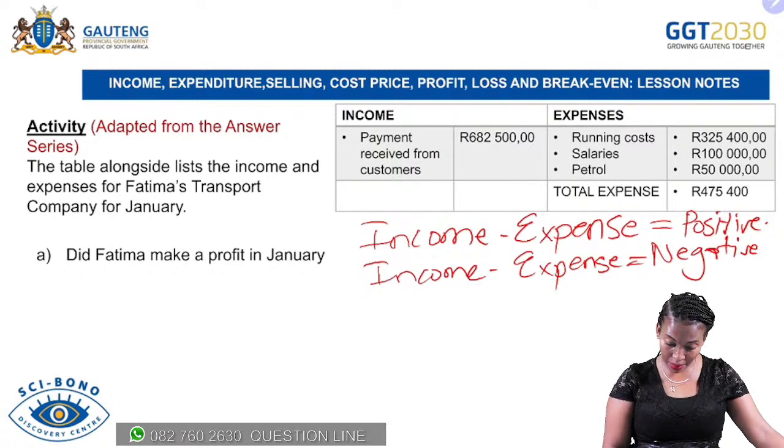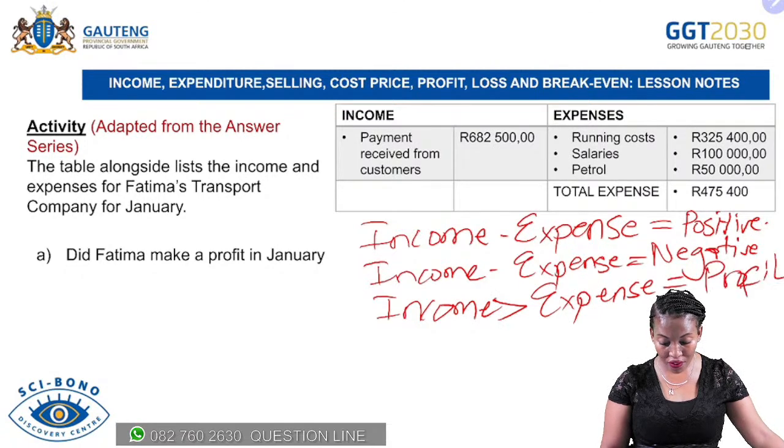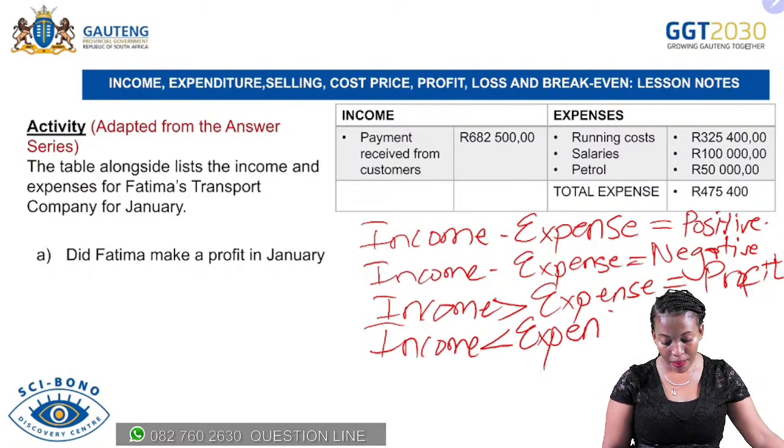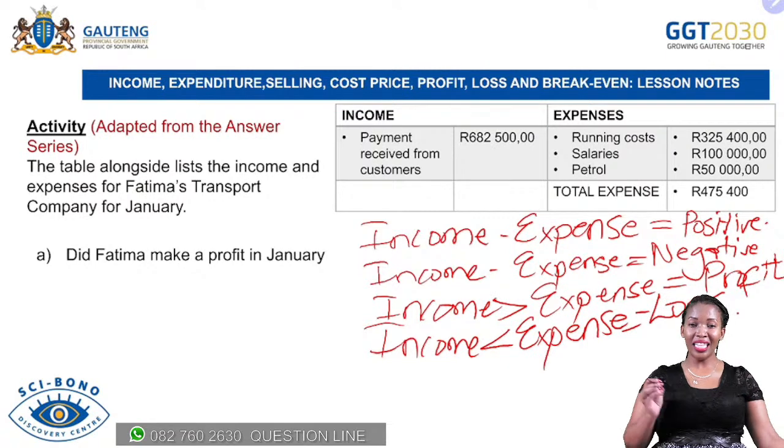So when your income is more than your expenses, then you know that this business is making a profit. But if the income is less than the expense, then this business is making a loss. It's running at a loss, or it's running at a deficit.